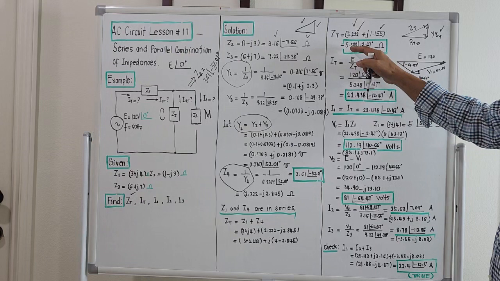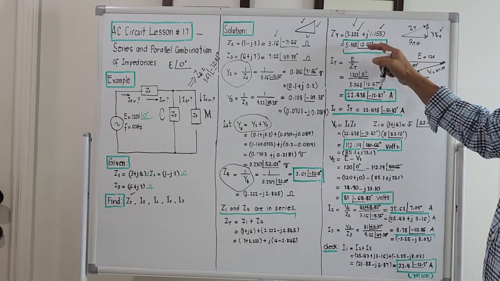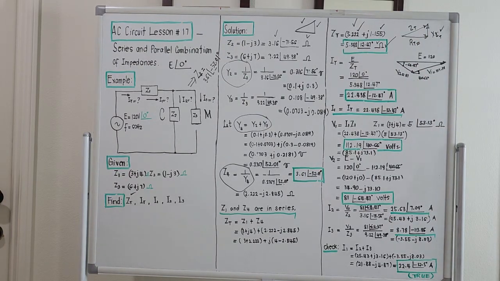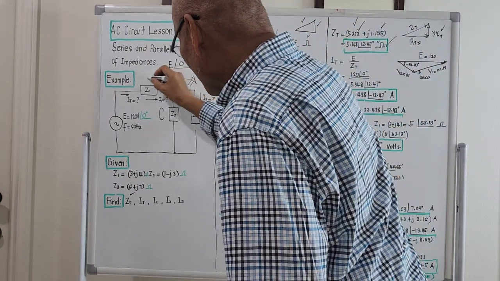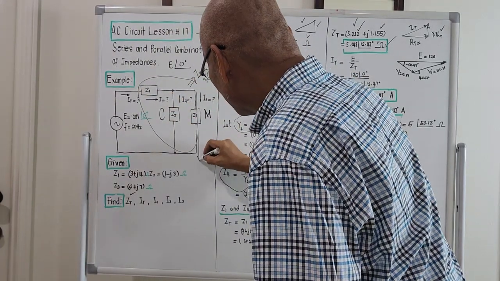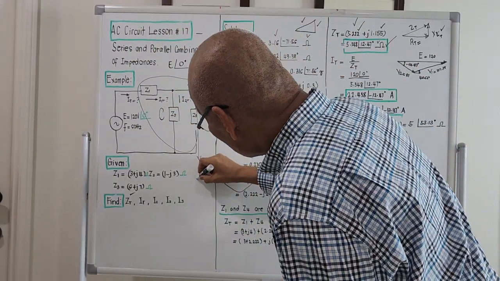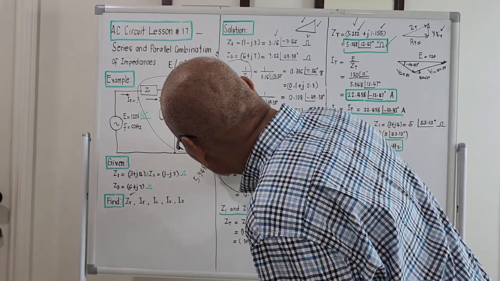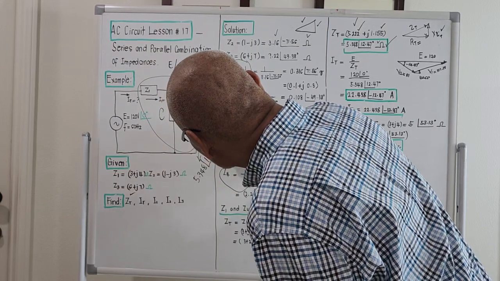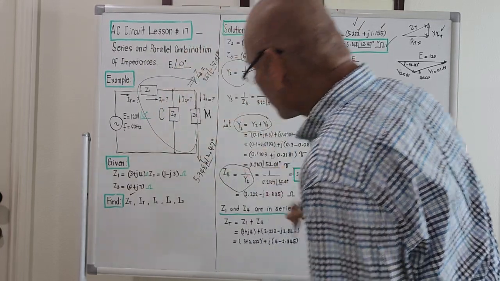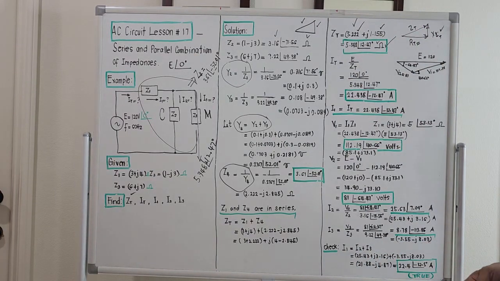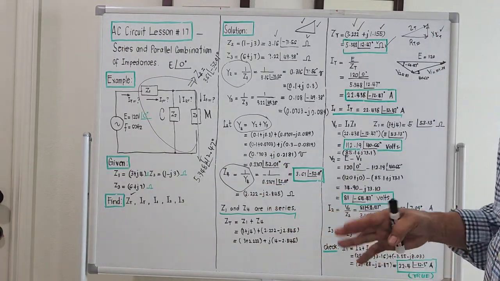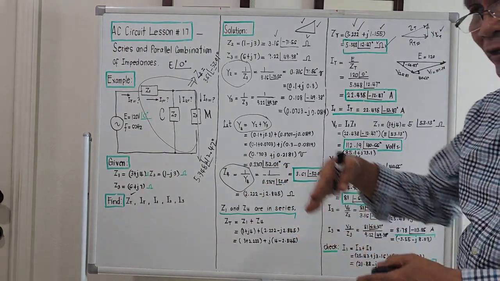What will come out is Z total will be 5.348 angle 12.47 degrees. The unit is ohms. The angle is plus, so meaning the overall inductive reactance is plus, so it's a coil. The motor loads are actually more powerful than the capacitor loads.